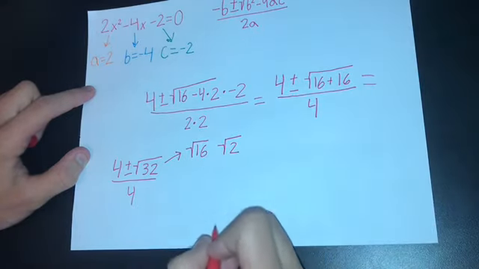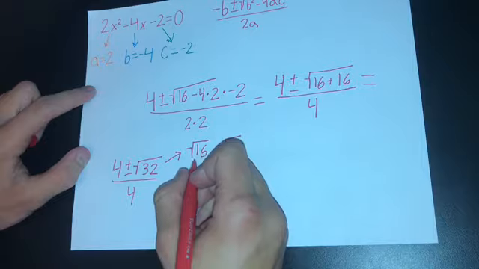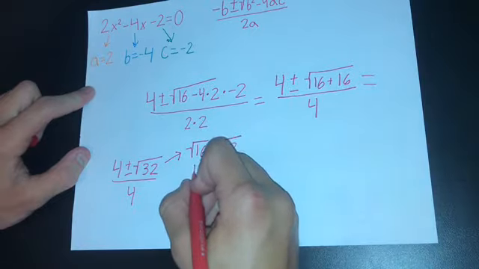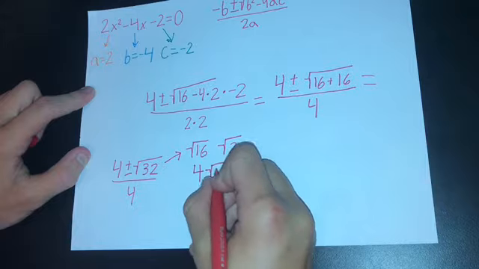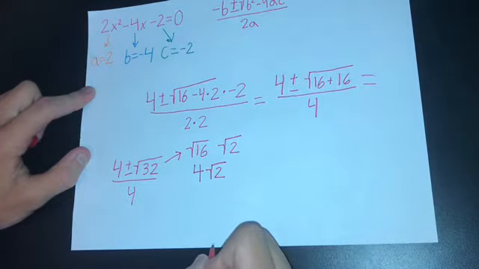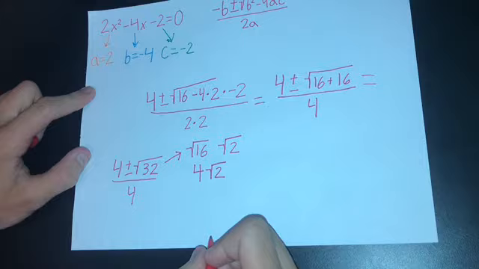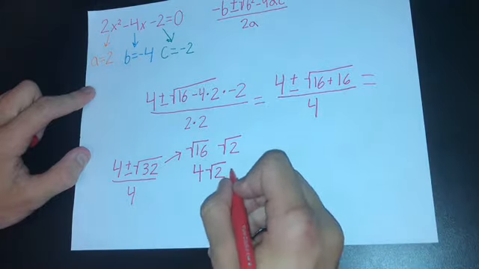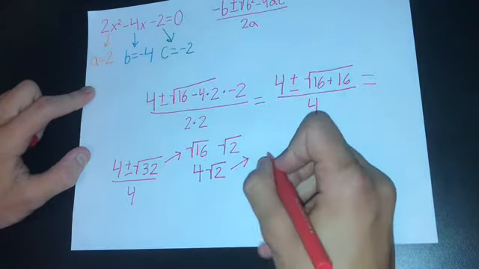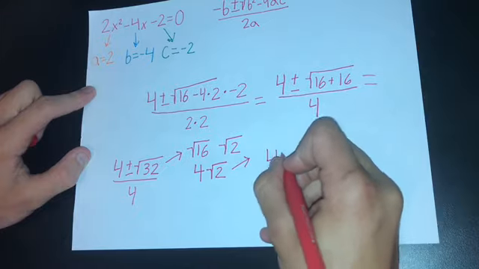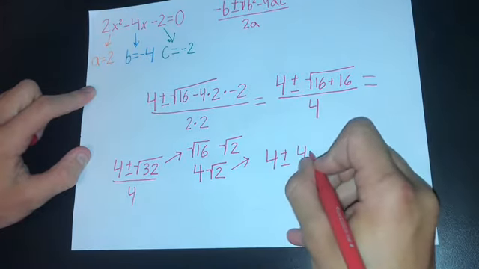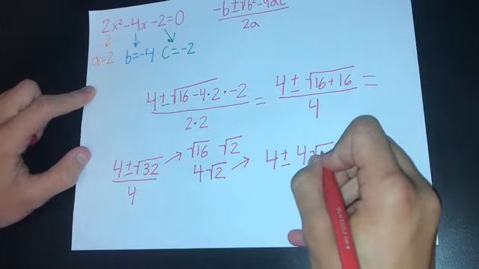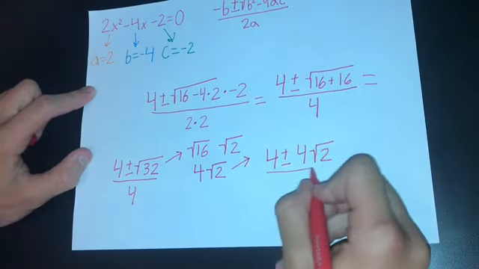And 2 doesn't have a square root, so we can leave it like that, but 16 does. So we can go 4, because 4 times 4 is 16, with the square root of 2, and that's how we keep it. But from there, we have to plug it back into our equation, so we're going to bring it over here with 4 plus or minus 4 square root of 2 all over 4 again.